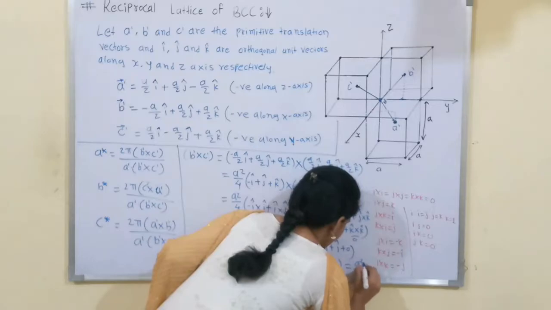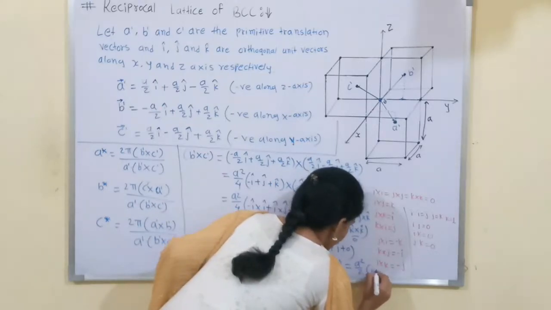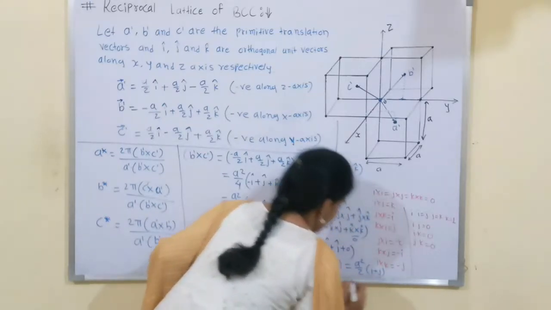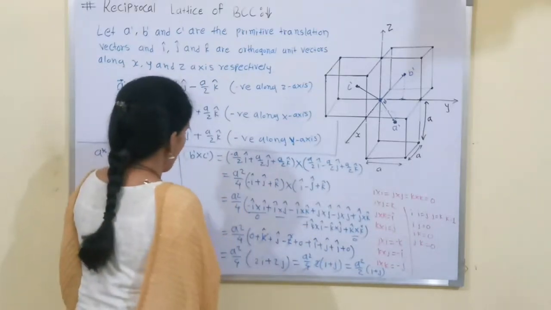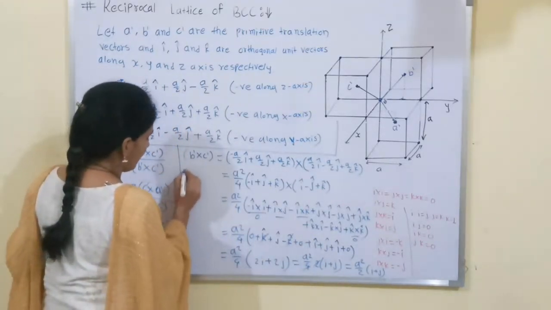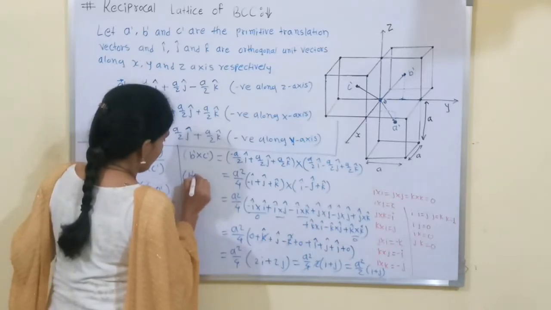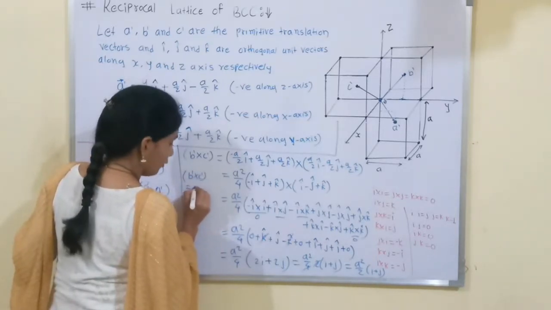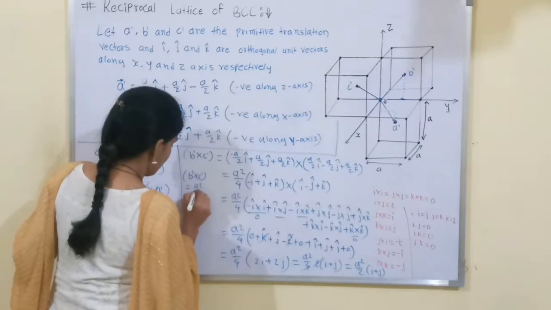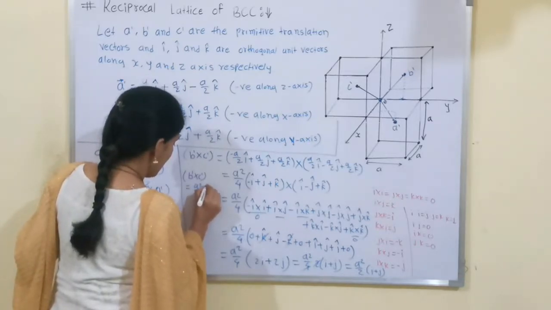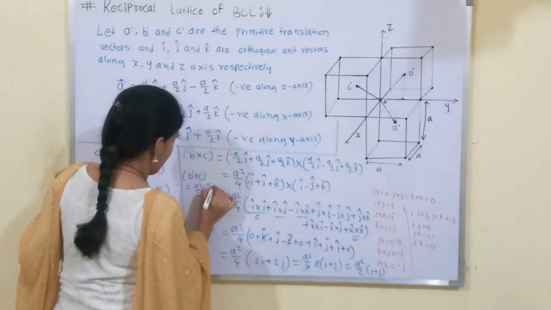We will get A square divided by 2 into I plus J. This is the value of B cross C. Here we will write, for simplicity, B cross C is equal to A square divided by I cap plus J cap.